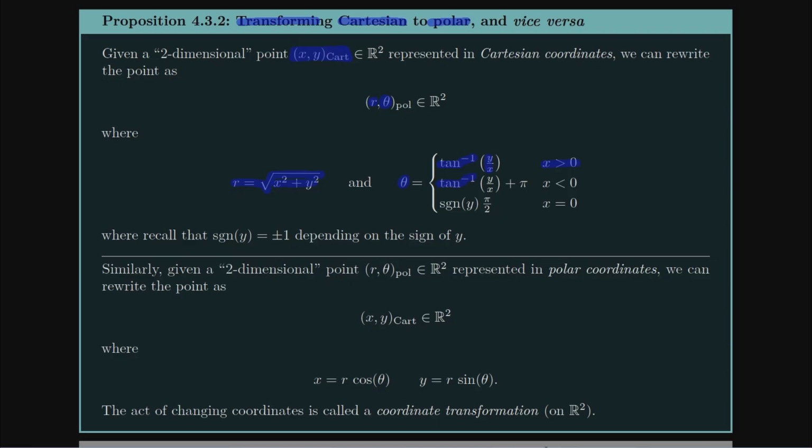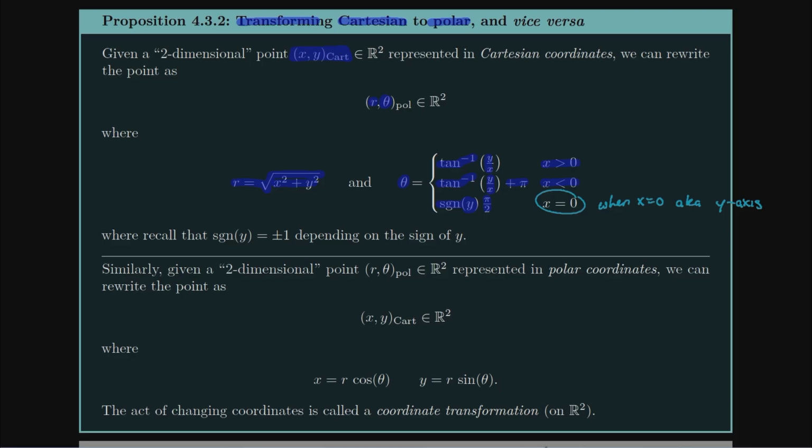It ends up being the inverse tangent of y over x plus pi if we're in the second or third quadrant. And specifically, these are for when x equals 0, also known as the y-axis. So if you're directly on top of the y-axis, then it turns out it's just the sign of the y value, meaning plus or minus the sign of the y value times pi over 2.